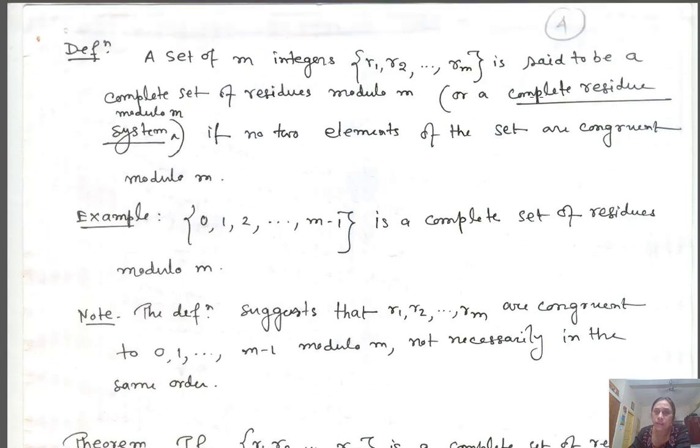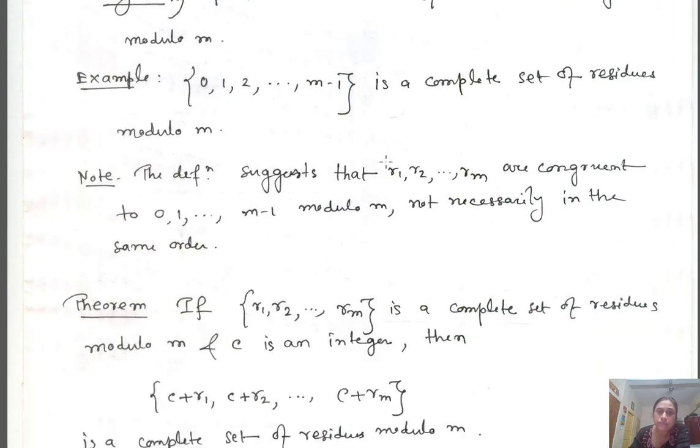We are considering complete residue systems modulo m, where the integers are between 0 and m minus 1, and a set of integers is a complete residue system modulo m if no two elements are congruent modulo m. This is the definition.